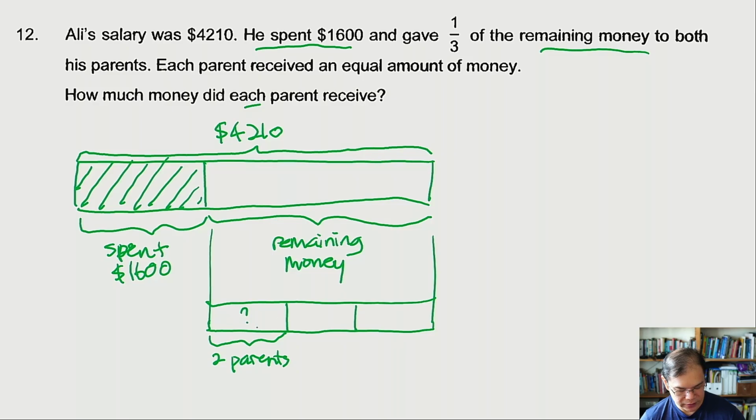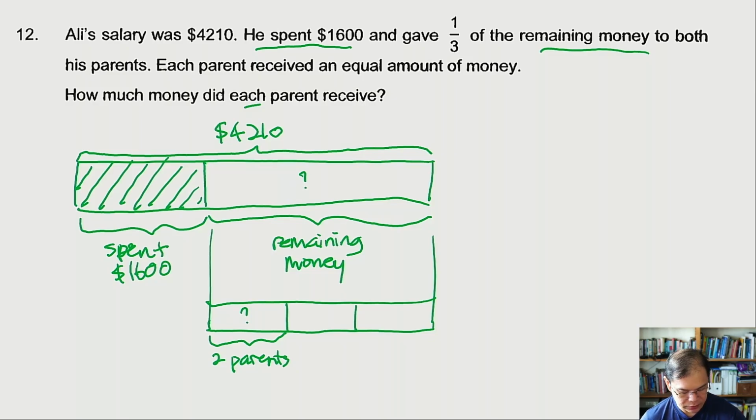But this part is 1/3 of the remaining money, so I also need to find out how much this is first. Then I divide by 3, then I divide by 2 again. So what do I mean? Never mind, we take one step at a time. I will explain along the way.